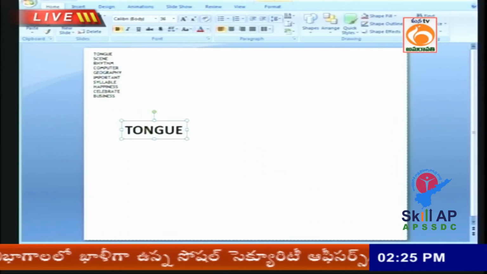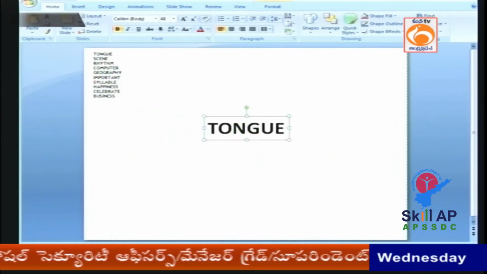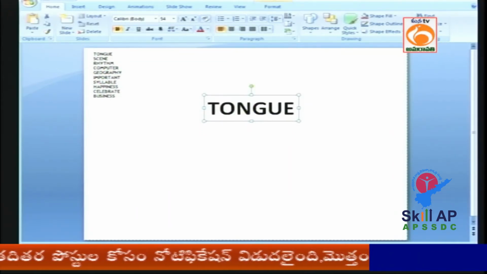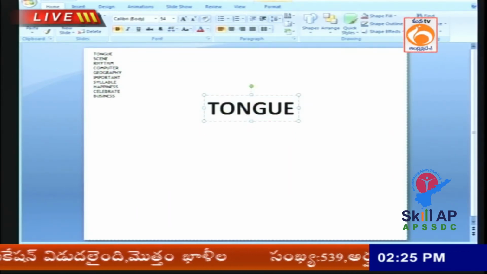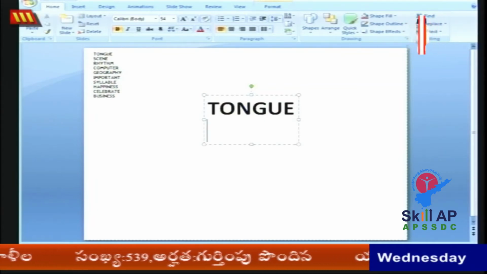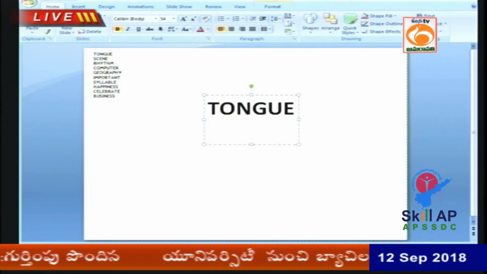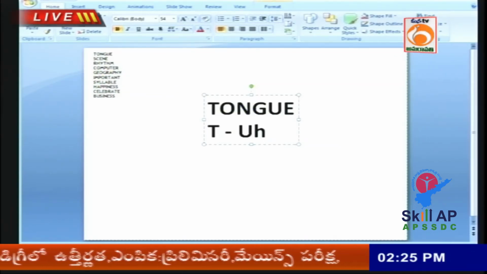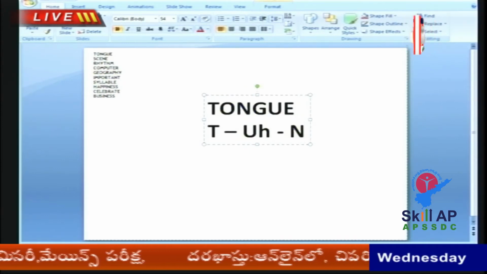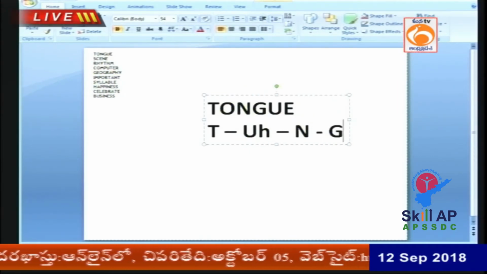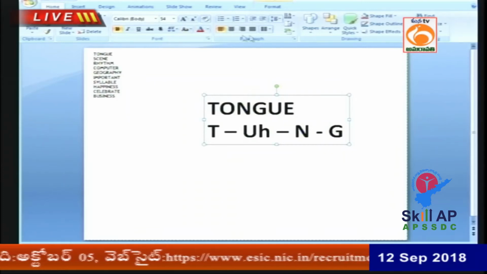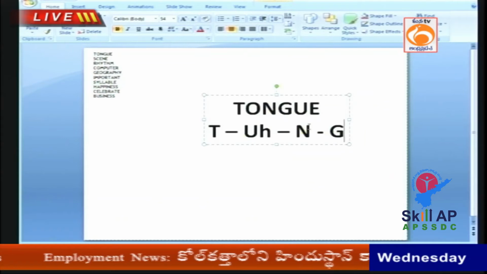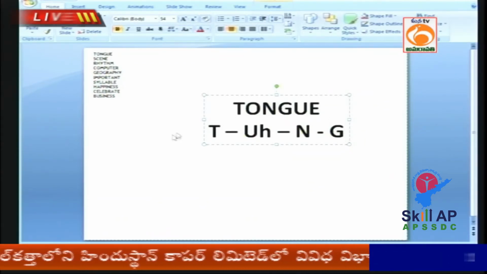So the first one is tongue. Now let's break this. It starts with t, then a, n, and g. Tongue.